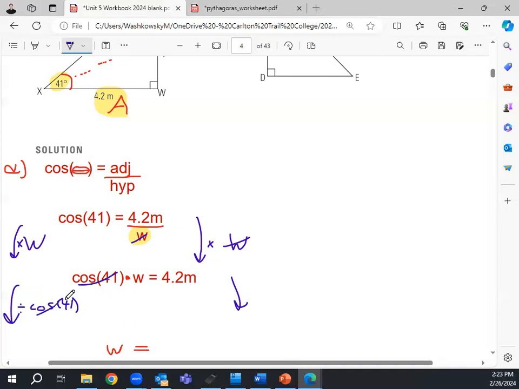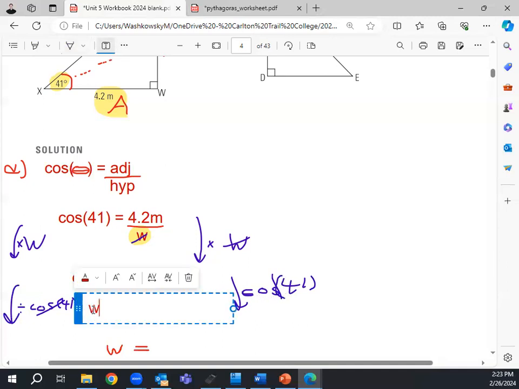So that gets canceled out, and I'm going to be left with W is equal to 4.2 divided by cosine of 41.